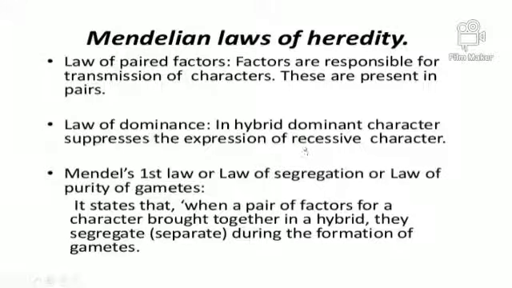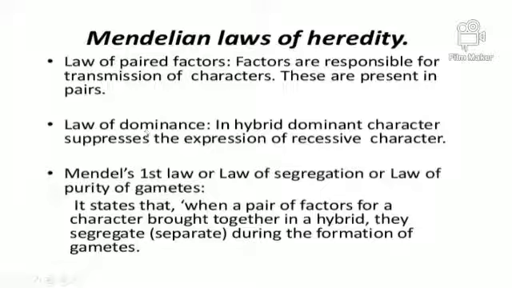So one character is dominant, another is recessive, and the dominant character always suppresses the recessive character. So the dominant appears in the hybrid, and such a law is called the law of dominance.